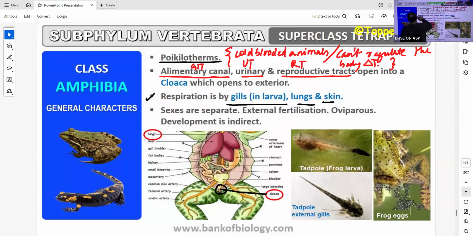Now, this is a very, very important context. Please mark this. Fine. Very important. Please mark it. In these organisms, in mostly amphibians, in case of the larvae, they possess gills, that is pharyngeal gills, for their gaseous exchange.